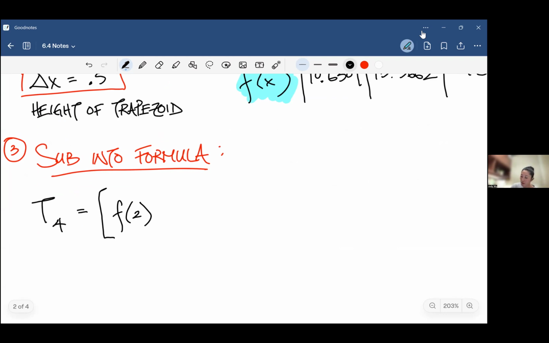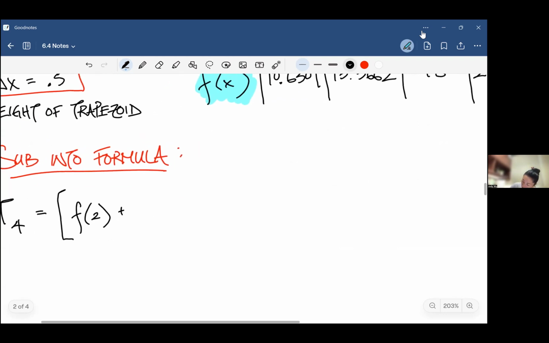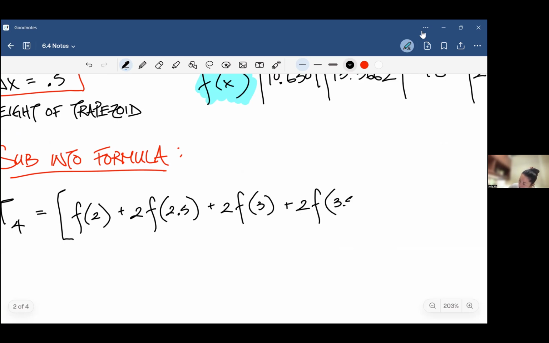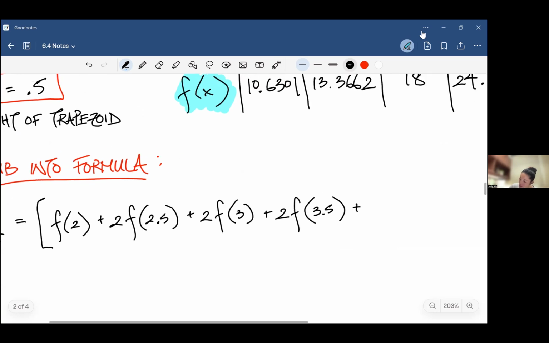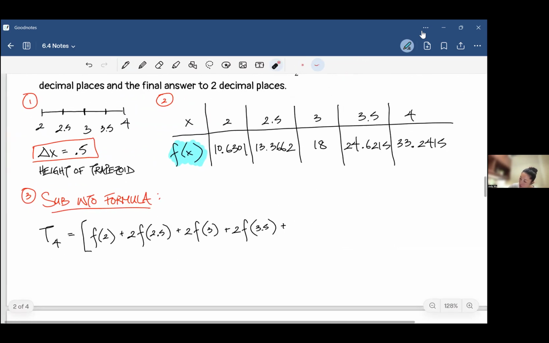That only comes one time. Plus 2 times f of 2.5, plus 2 times f of 3, plus 2 times f of 3.5, plus, let's double check our table because I think we're at the last one, right? Once, twice. So we're going to have f of 4 only happen one time. Okay. Now we need to do our times delta x, which is 0.5, and then I'm going to divide it by 2.